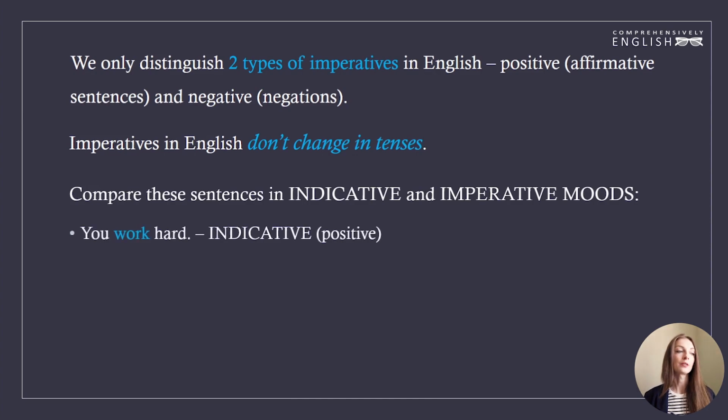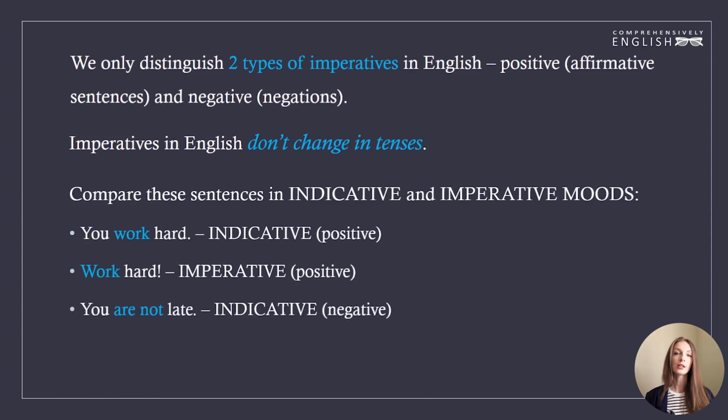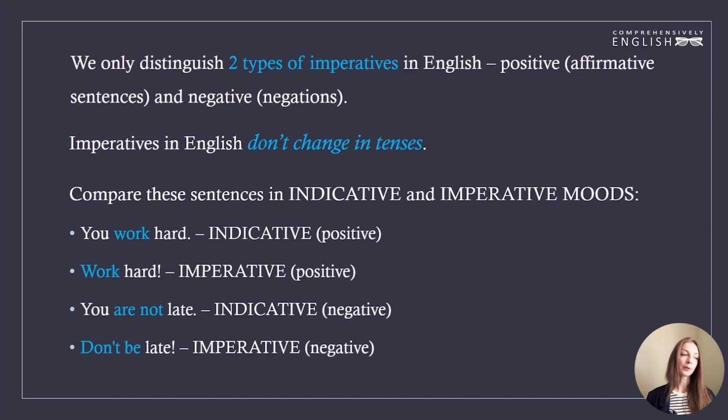You work hard, indicative, positive. Work hard, imperative, positive. You are not late, indicative, negative. Don't be late, imperative, negative. So, you work hard. I state a fact. That is, my sentence is in the indicative mood, and it's positive.